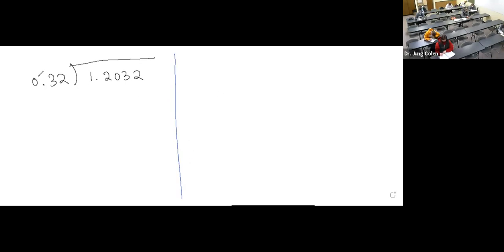You want to change 0.32 to what? To the number 32. It means you are multiplying this by 100. Do the same thing. You're multiplying this by 100 by moving the decimal point to the right. Both of them. We good? So you have 120.32.